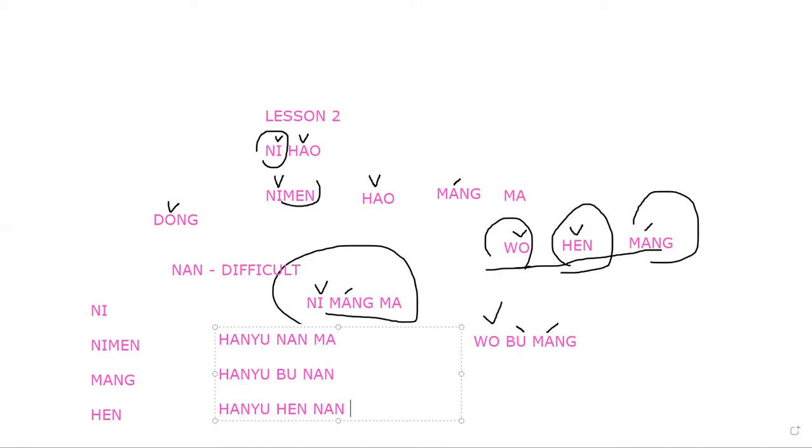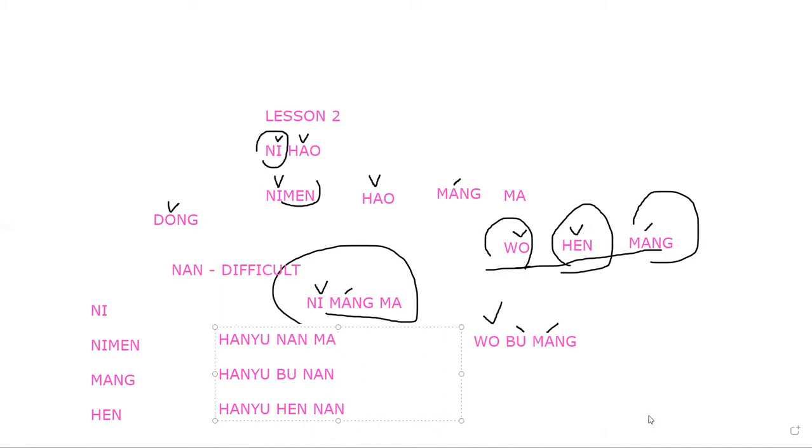Hanyu hen nan. Chinese is very tough. Hanyu nan ma, is Chinese difficult? Hanyu bu nan, Chinese is not difficult. Hanyu hen nan, Chinese is very difficult. Is it clear to you?